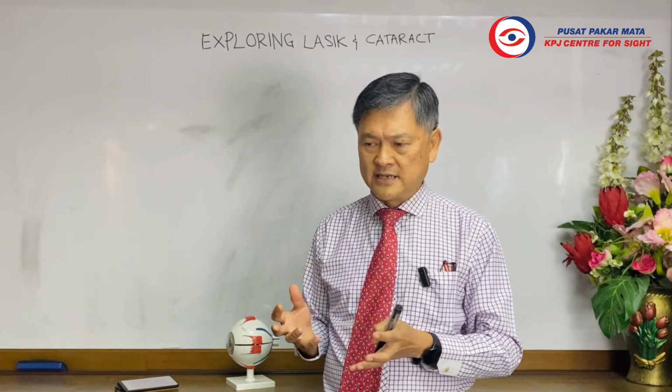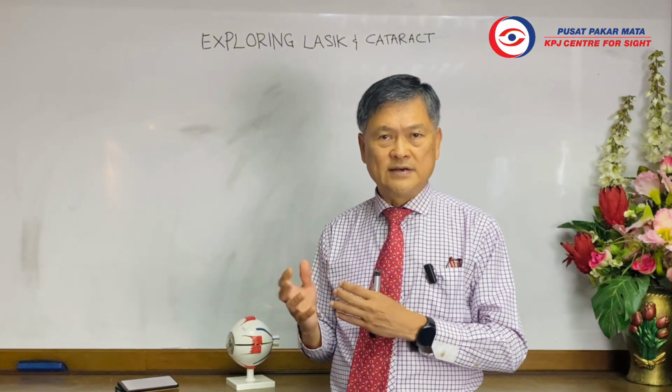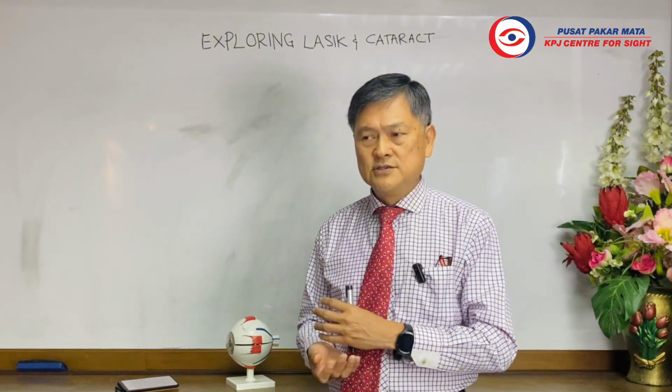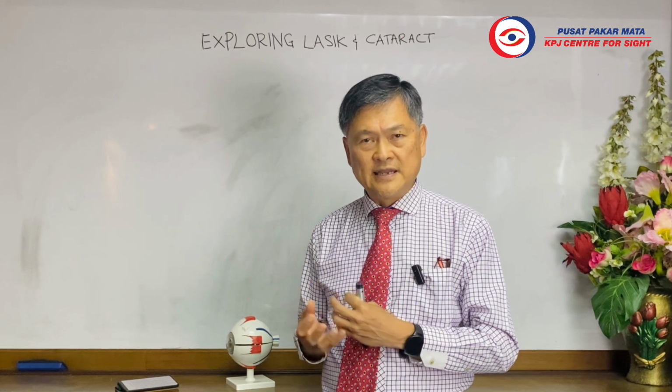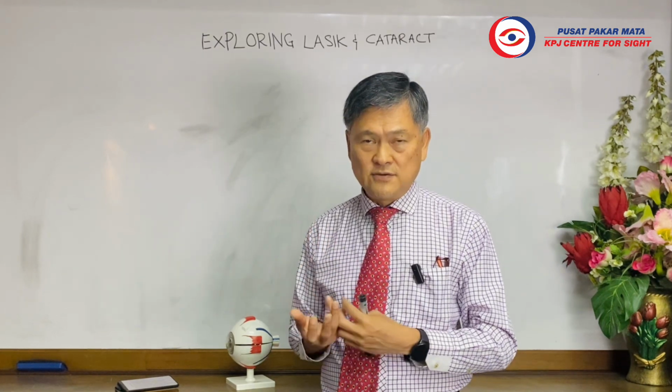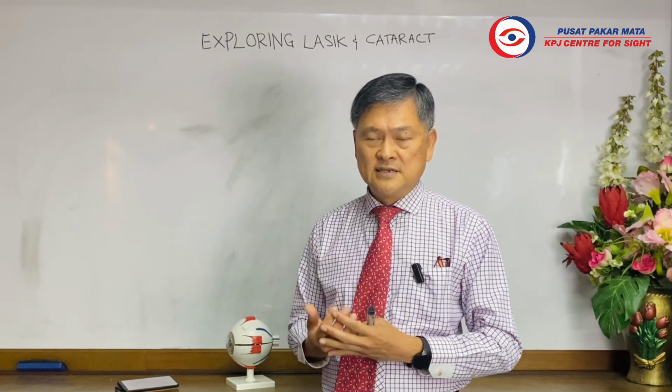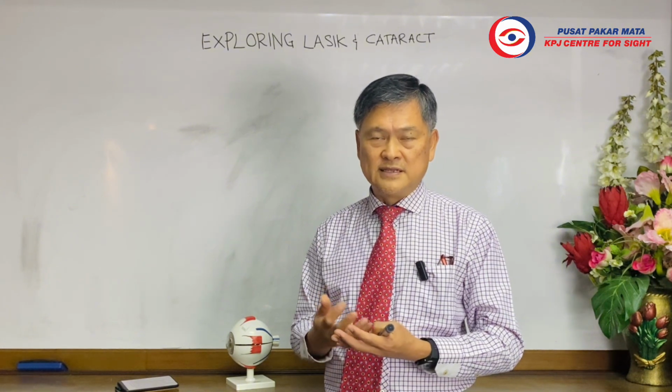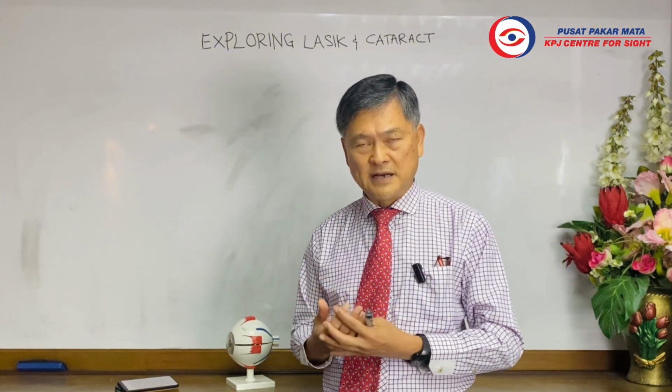Okay, so no lens is perfect. Each has its own advantages and disadvantages. When it comes to choosing the lens, usually the consultant will check the eye first and see the data when it comes to measuring the lens power.